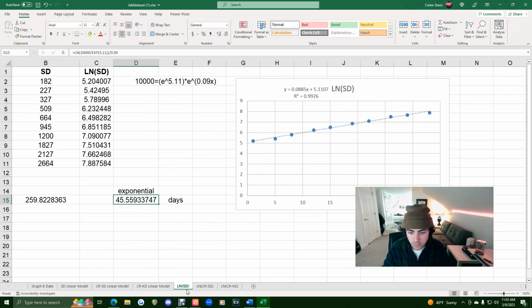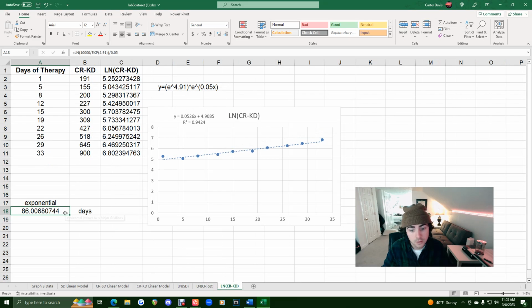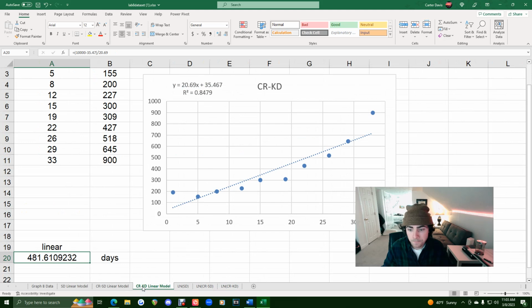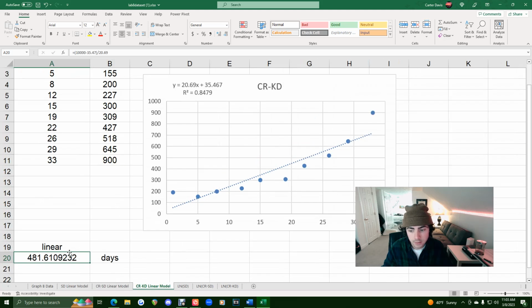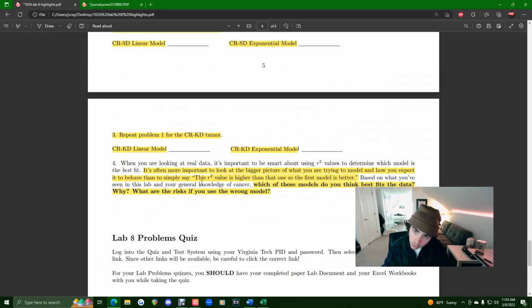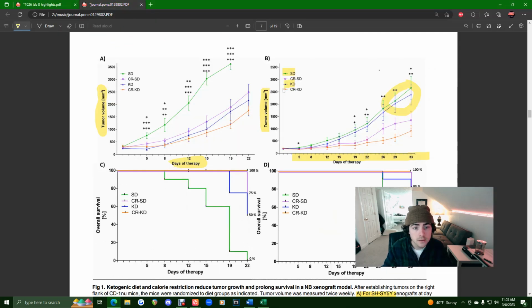For each of these models, 45, 62, CRKD, 481, 260. CRKD is in the lead in terms of how many days it'll take to hit that max point. Also, looking at this data, CRKD is holding off the growth of the tumor. It's slowing the growth of the tumor visually more than any of the others.